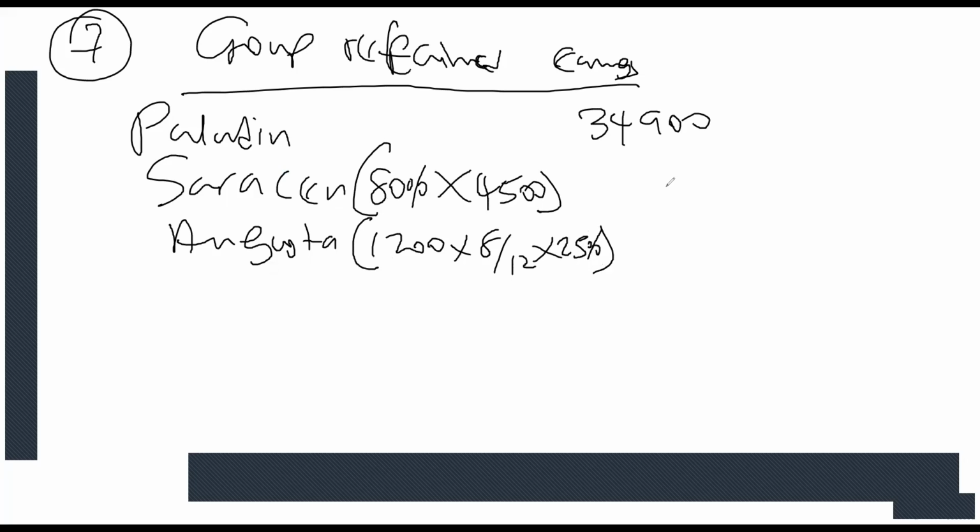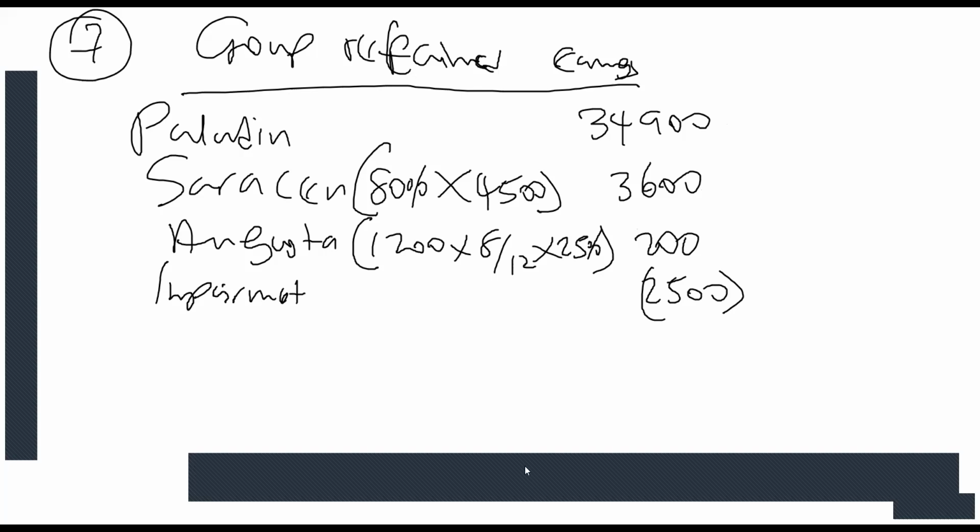Saracen is 3,600. Then Augusta, 200. Here, impairment 2,500, put in brackets.